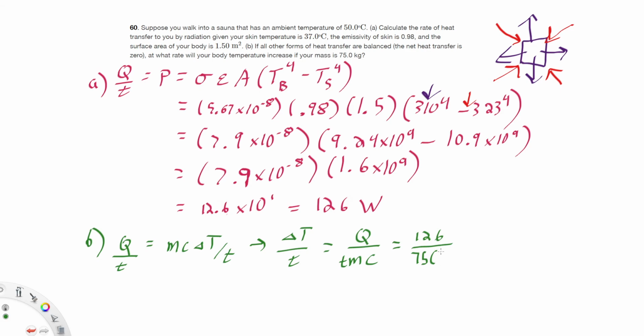And in joules per kilogram kelvin, that's 4,184. So something like, you know, half a millidegree per second.